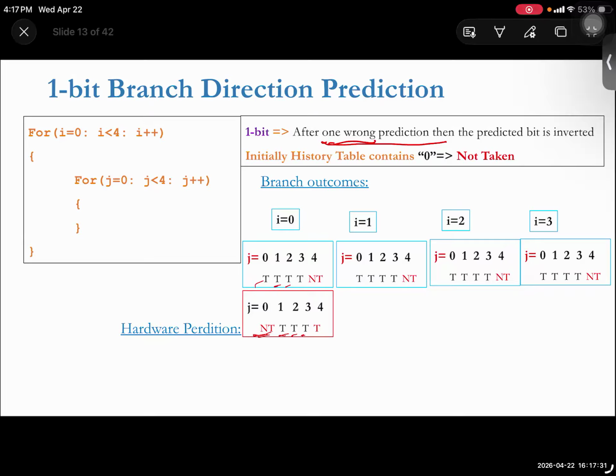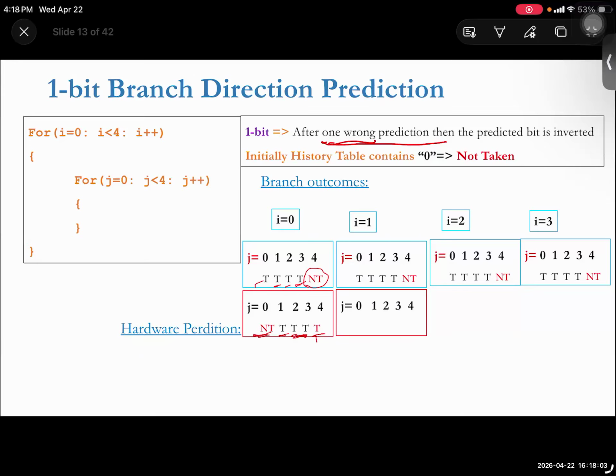At iteration 3, the hardware predicts it will be taken and it is taken. At the fourth iteration, the hardware predicts it will be taken based on the previous history, but actually it is not taken. So there is one wrong prediction, and it inverts its status in the history table from taken to not taken.